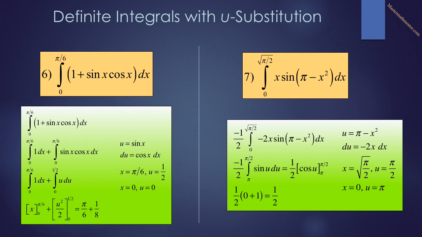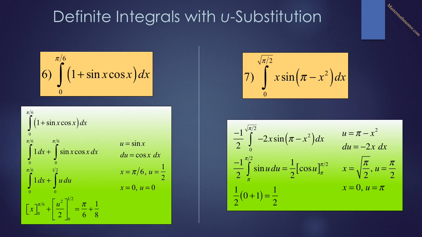We change the limits, and when x is equal to 0, u is equal to pi, and when x is equal to the square root of pi over 2, u turns out to be pi over 2. So we have negative 1/2 the integral from pi to pi over 2 of sine u du.